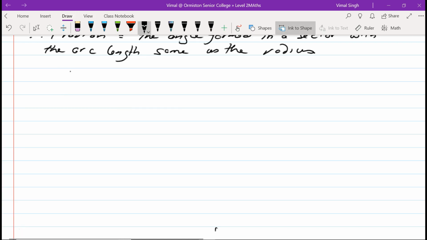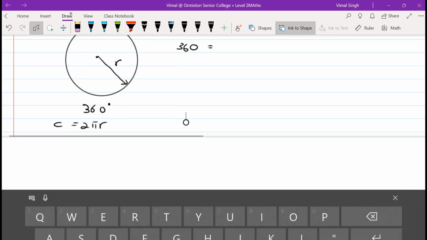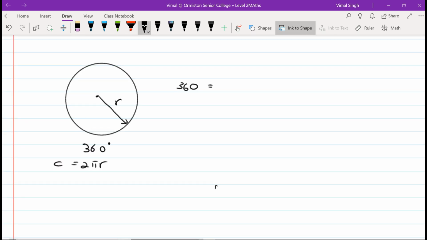So if we have a look at a circle again, you'll notice that the total angle in a circle is 360 degrees, and the circumference is going to be equal to 2 pi times the radius. Let's say that this is the radius R. So we have said that 360 degrees is equal to the circumference, 2 pi R, divided by the radius.